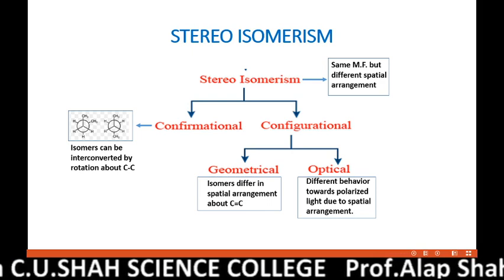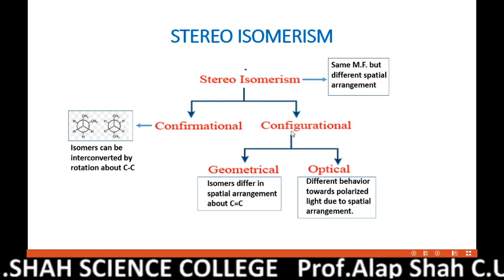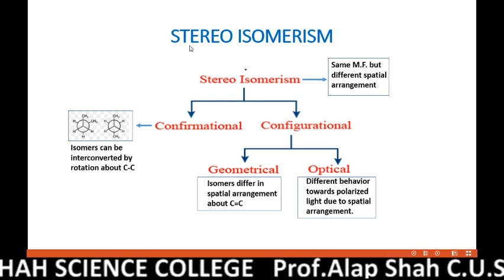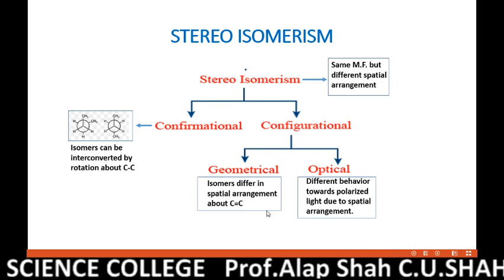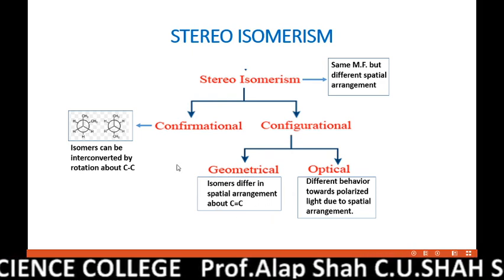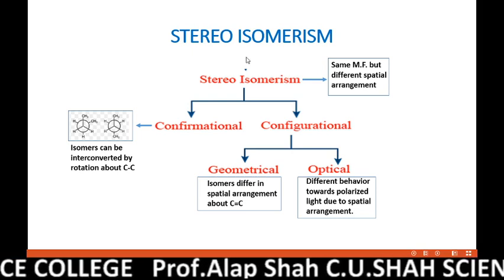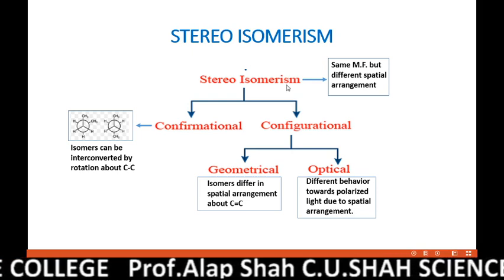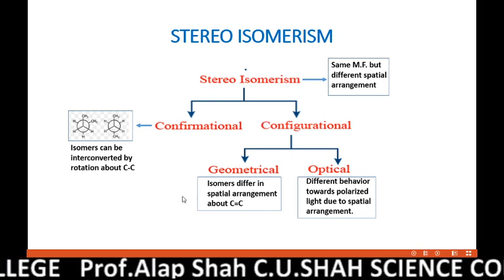So we took an overview of different isomers, but as I said, in this chapter we are more interested in stereoisomers, and in the next video we will discuss some very important fundamentals and keywords you should know so that one can understand stereochemistry easily.